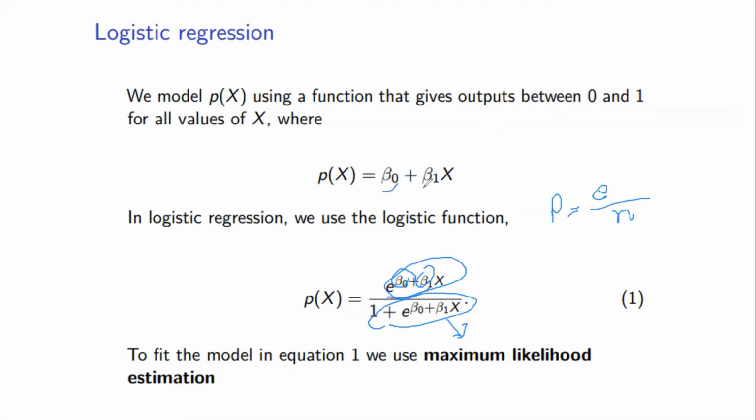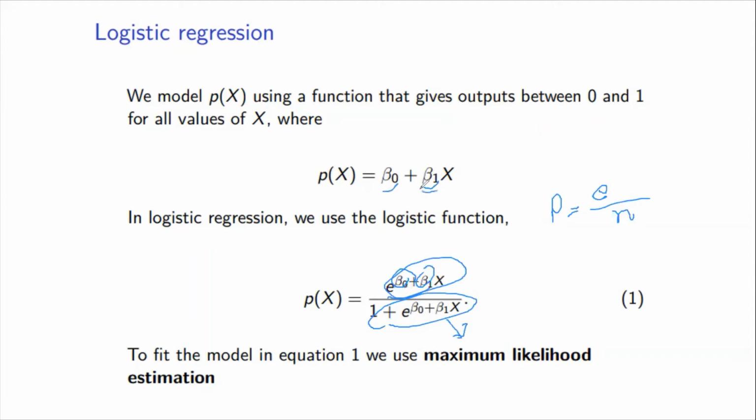For the linear model we have beta 0 and beta 1, and this is the linear term. For the logistic model we have the exponentiation of the linear term. And how do we find this intercept and slope? In logistic regression, we use the maximum likelihood estimation method.